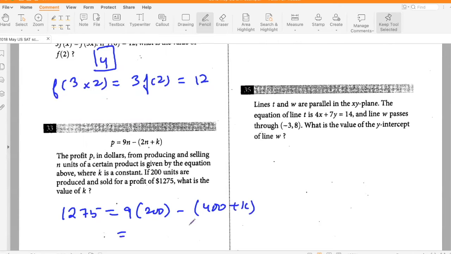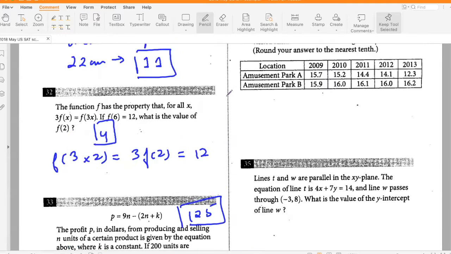So that's 1800 minus 400, 1400 minus k. So k is 1400 minus 1275. So that's 125. K is 125.